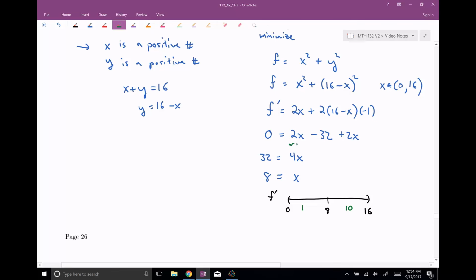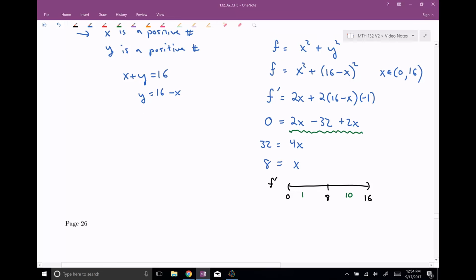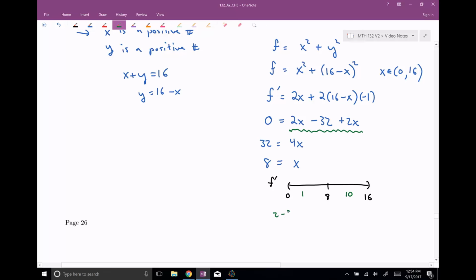So again, here's maybe my derivative function right here. If I plug in the value 1, I'm going to get 2 minus 32 plus 2. Well, that's certainly going to be negative. So in this case, the function is decreasing on the interval from 0 to 8. Now how about if I chose 10 and plugged it in? I would have 20 minus 32 plus 20.